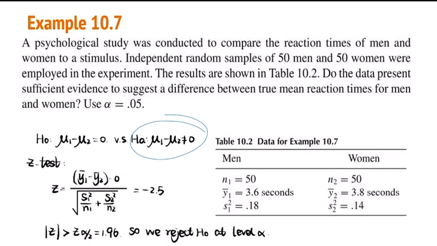The strategy is: if I construct an interval and there is zero in the interval, then we can say there's no significant difference, which means we fail to reject the null hypothesis. But if there's no zero in the interval, that is an indication that the null hypothesis should be rejected.